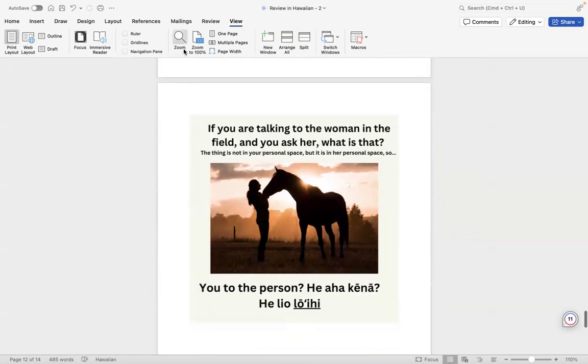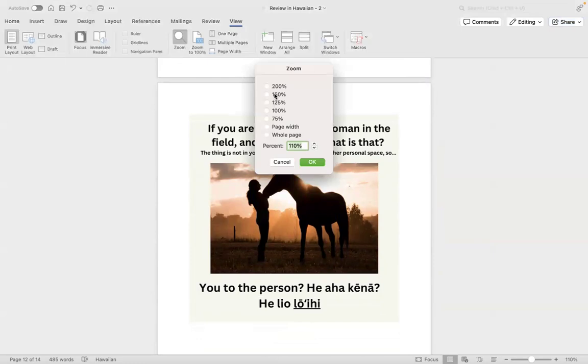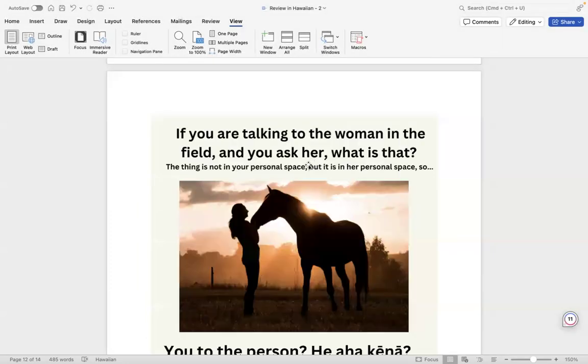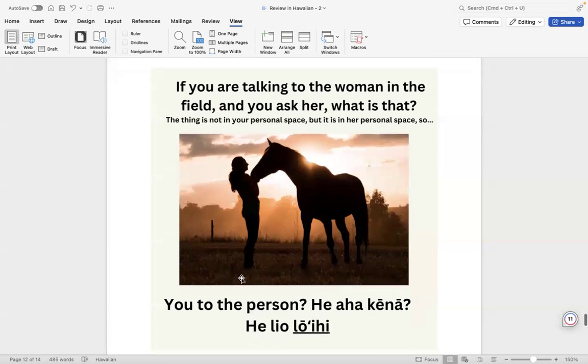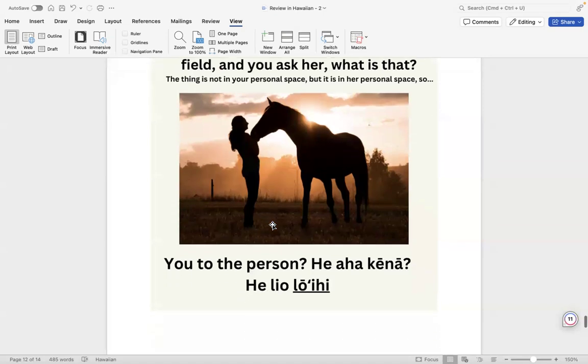If you are talking to the woman in the field, like say you're not within arm length of the woman, it's not in your personal space, but it's her personal space. This is you to the person, kēlā kēna. And so you're asking her, what is that in your personal space? And she says, he lio lo'ihi.